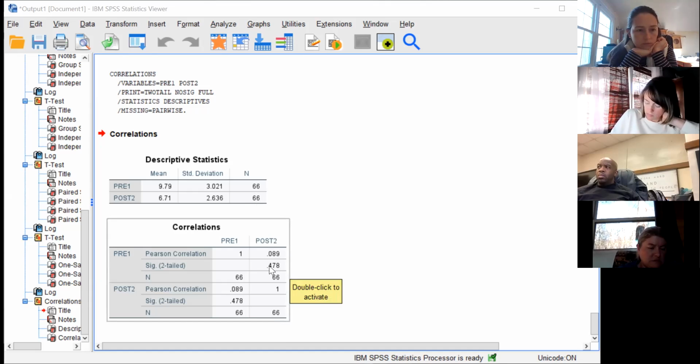And so they're not correlated. The sig value is 0.478, which means that if we drew their line on that graph, it'd be almost like a straight line, more parallel to one axis than the other, because it's so small.